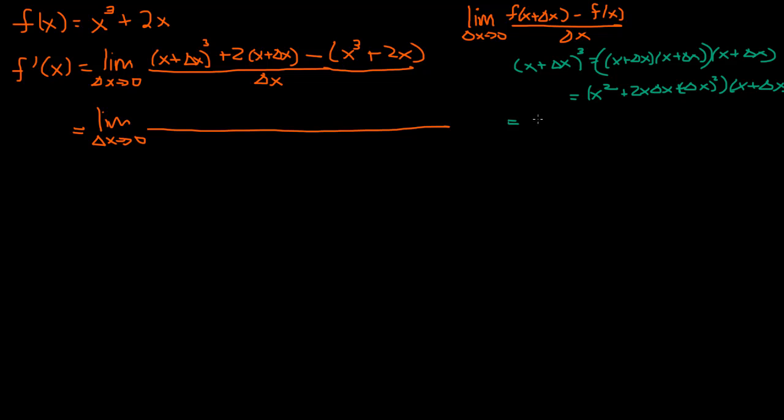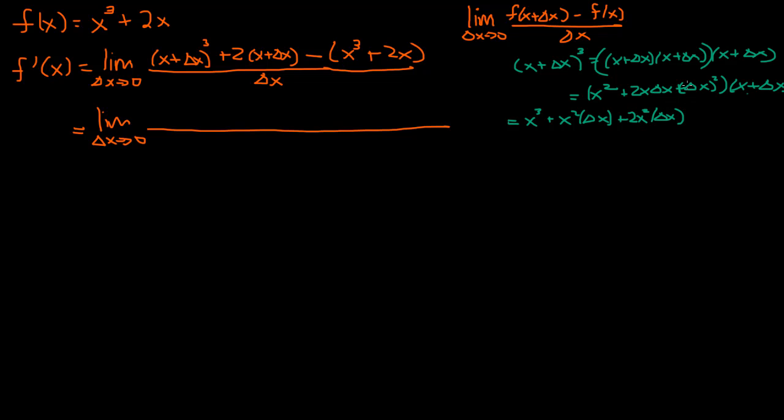Okay, I need some more room here. Equals, okay, I have x squared times x, that's x cubed. Then I have x squared times delta x, so that is plus x squared delta x. I then have 2x delta x times x, so that's plus 2x squared delta x.